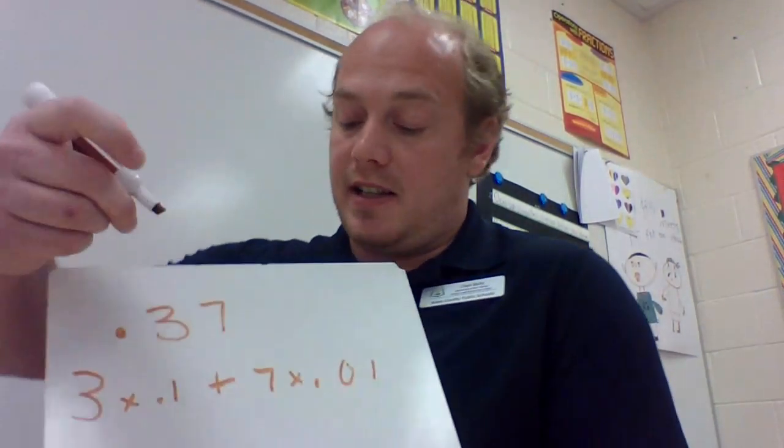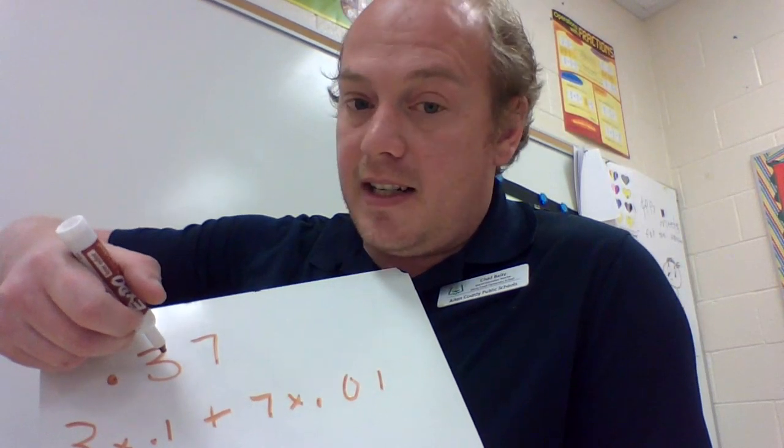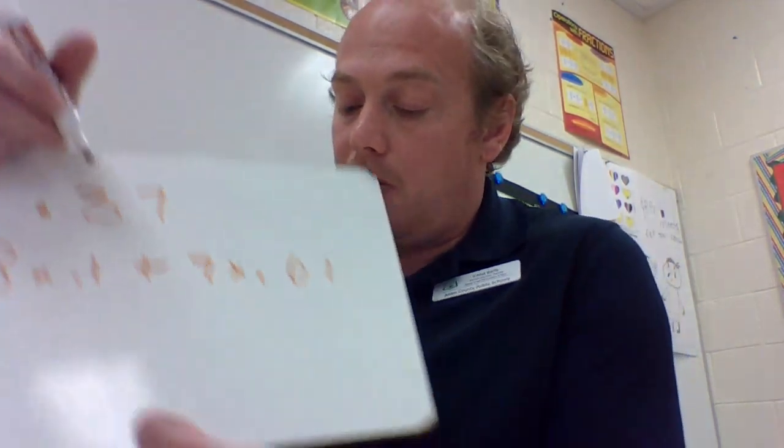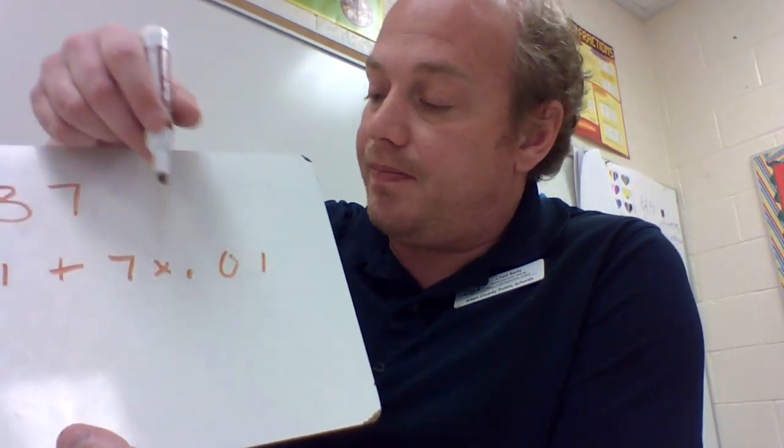So all together in expanded notation, this decimal is going to look like this: 3 times 0.1, which we just saw, plus 7 times 0.01.